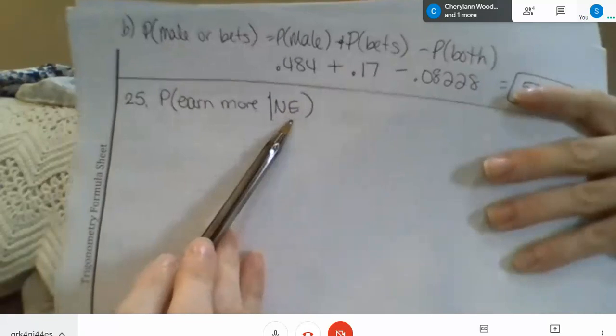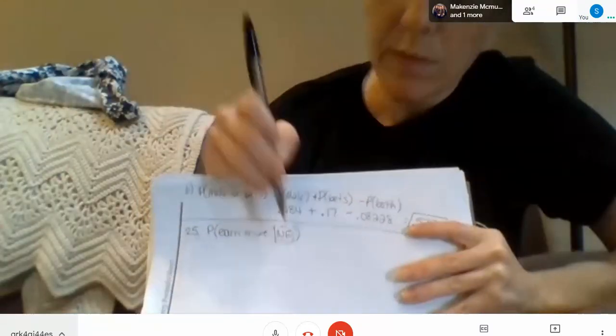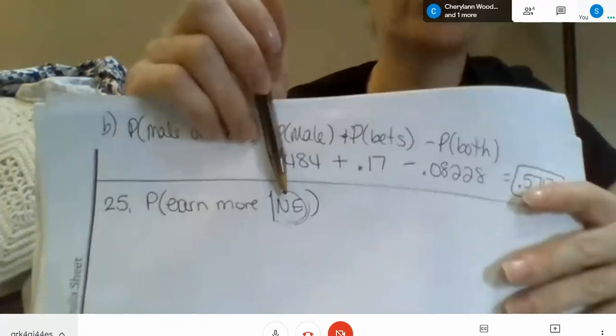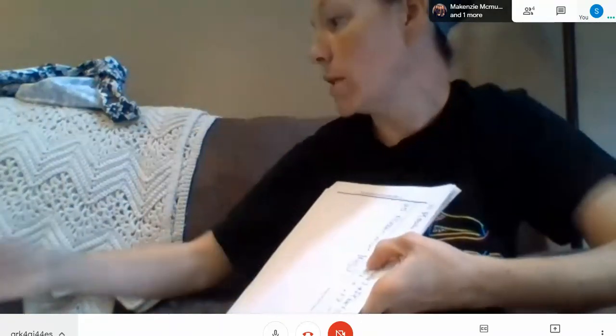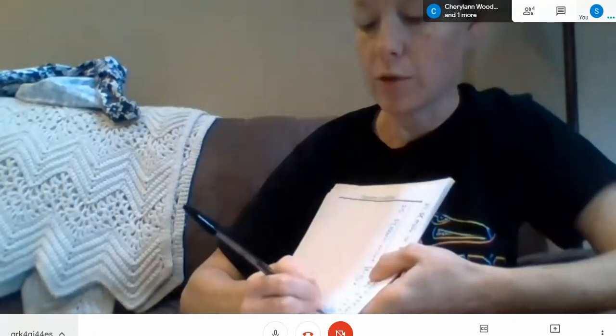Now I told you these conditional probabilities: when you're setting this up, this given part is your denominator. So my denominator is the ones in the Northeast, which we saw was 17.9%, so 0.179.